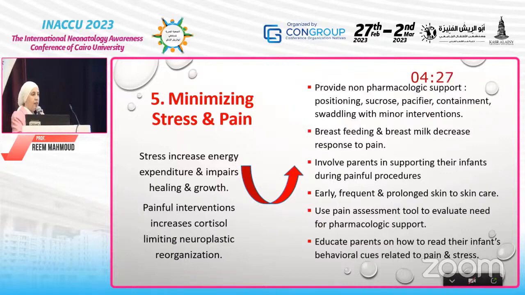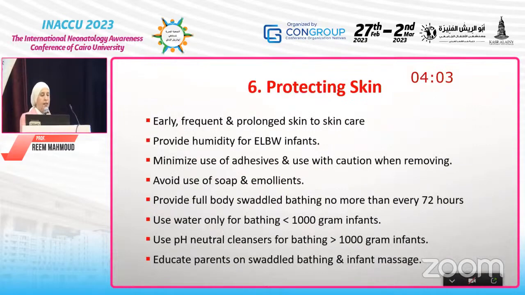Breastfeeding and breast milk, the taste and the smell of the breast milk, decrease the response to pain. Involve the parents in supporting the babies during painful procedures and use pain assessment tools to detect whether you need a pharmacological support as well, like acetaminophen or opioids, and always educate the mothers about the cues of their babies related to pain and stress.